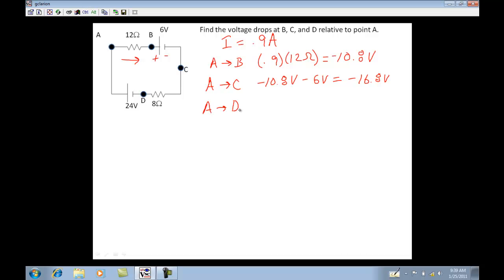Then going from location A to D, before I can solve for location D, what do I need to get before I can solve for the drop from A to D? The drop at the 8 ohm resistor. Yeah, let's find the drop at the 8 ohm resistor. How would that voltage drop be calculated?